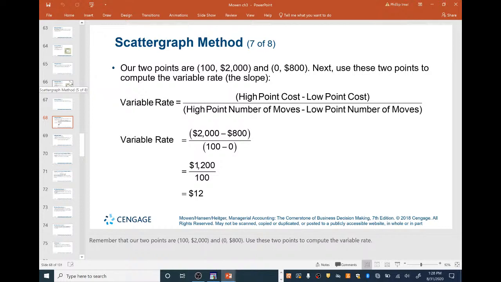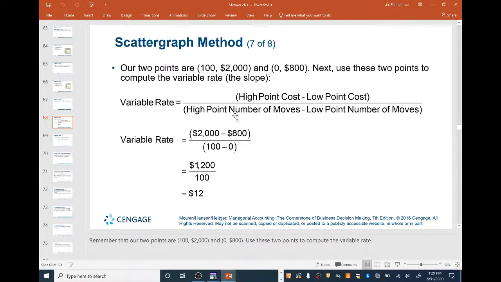So next we want to use these 2 points to compute the variable rate, which, once again, remember, is going to be your slope. So how do we find the variable rate? What's the formula for that? It's the same thing that we use on the high-low method. Even though we're on the scatter graph method, it's the same formula used to find the variable rate. So we can see the numerator, high point cost minus low point cost.